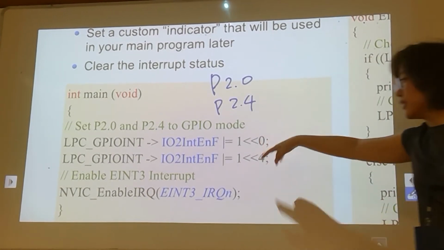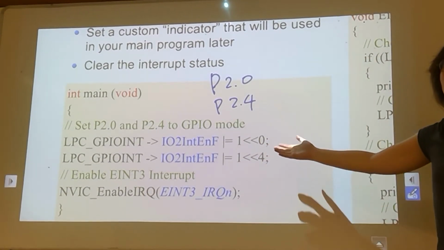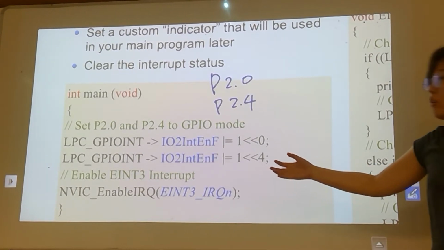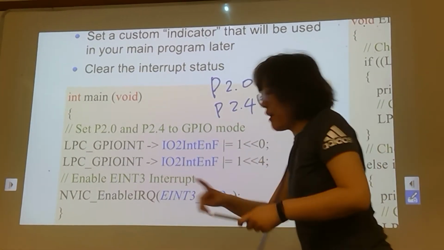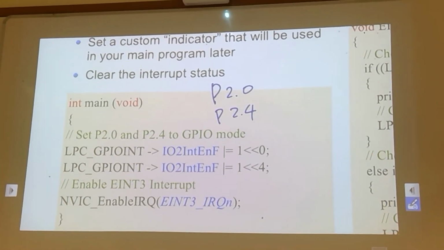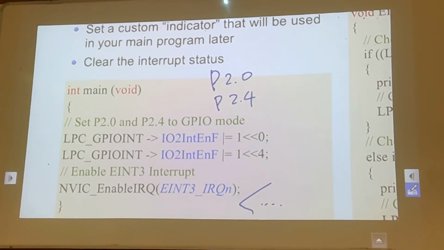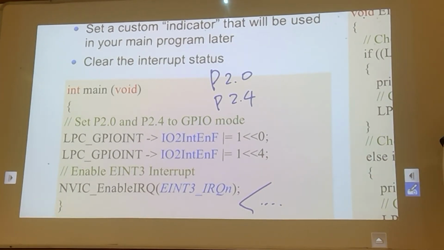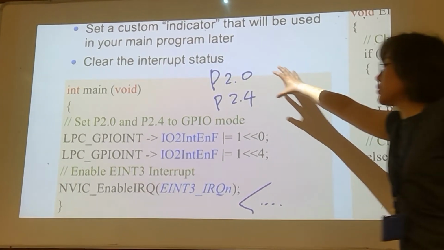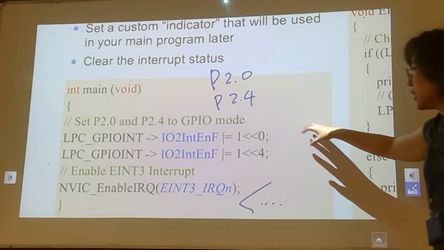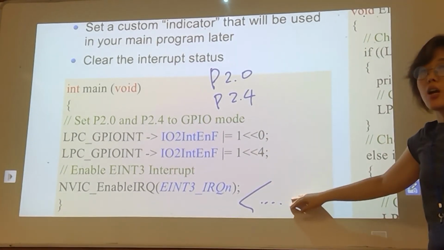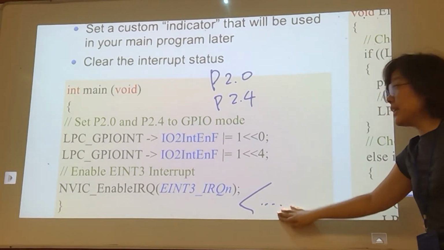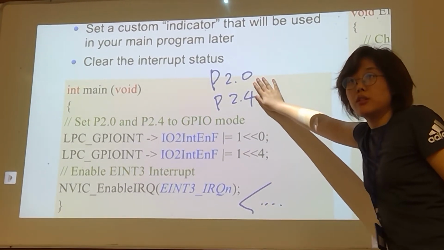Once you have done that, you see I don't have any code to sense my buttons. Maybe you have other programs after that, like your 101, but they are all about other devices. You don't need to write any code for these two push buttons. Your ARM processor will automatically run something and sense this by itself.